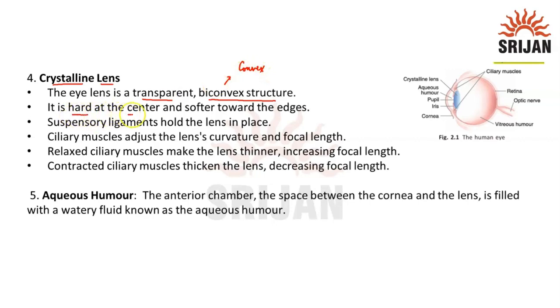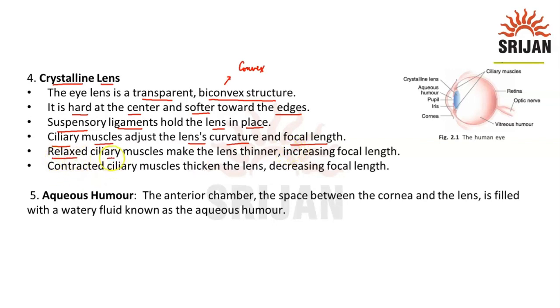It is hard at the center and softer towards the edges, and suspensory ligaments hold the lens in place, and it is the ciliary muscles that adjust the lens's curvature and focal length depending upon whether the object is near to the eye or far away from the eye.